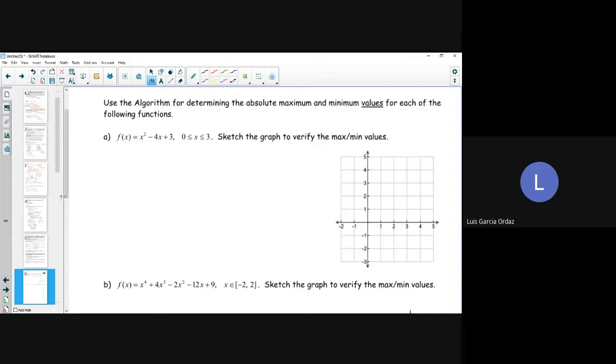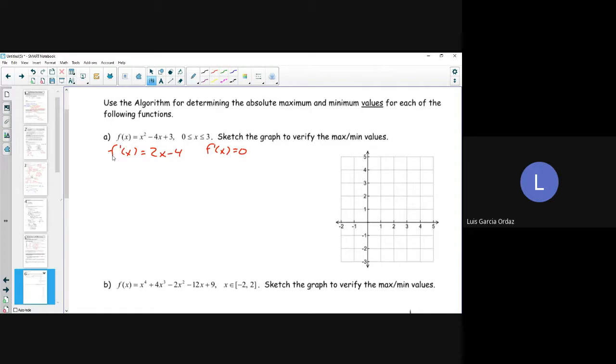So in order to find my x value of the absolute max or min, I have to find f prime of x, which is 2x minus 4. And we know that if I have an absolute max or min, I have to set f prime of x equal to 0.